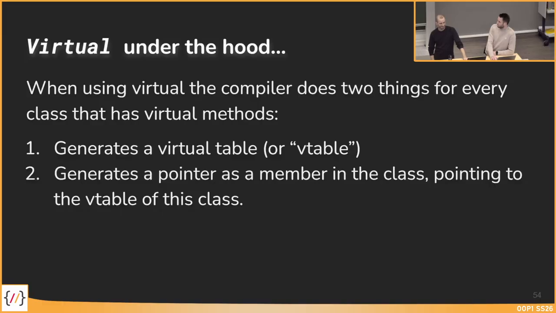As soon as it sees a virtual keyword in the class, it creates a so-called virtual table for this class, also called vtable. And this table just contains the possible methods used here. And then it also creates a pointer and adds it as a member of this class, which is pointing just to this table.